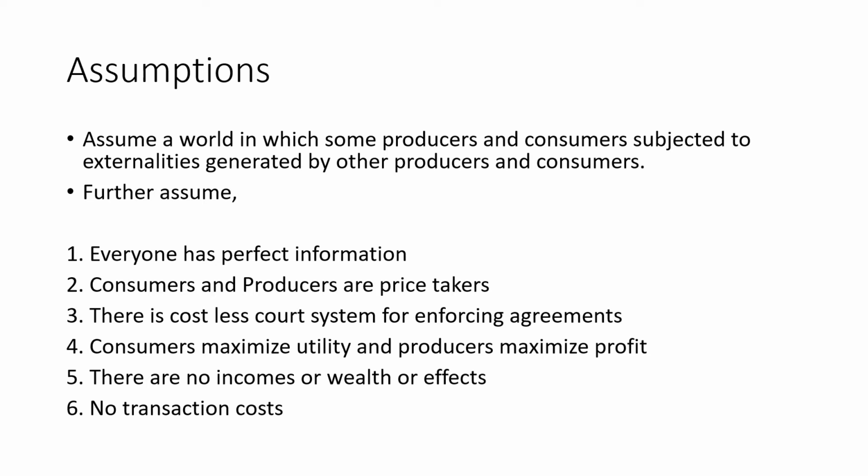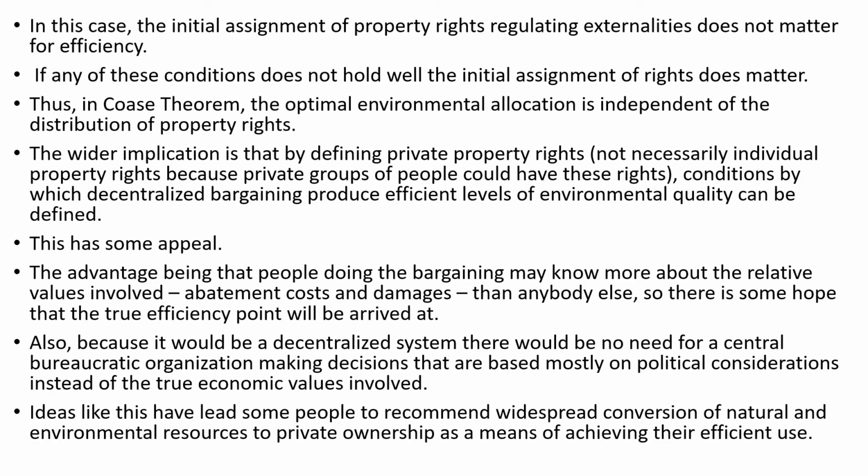Okay. And also you have to understand that we have to assume no transaction cost while taking into consideration the Coase theorem. In this scenario, the initial assignment of property rights regulating externalities does not matter for efficiency. If any of these conditions are not whole or any of these conditions are not taken into consideration, the initial assignment of rights does matter here.